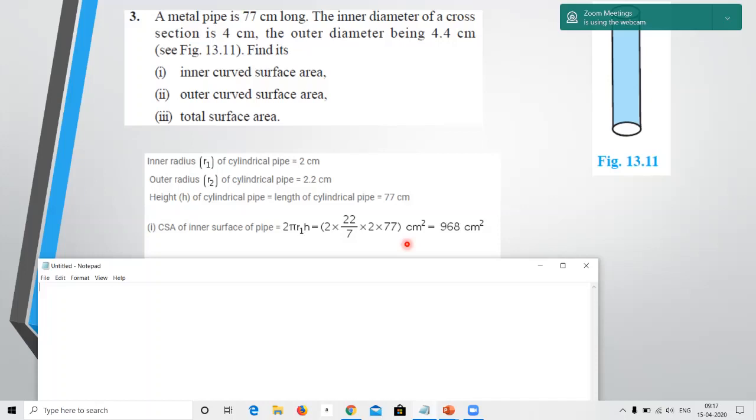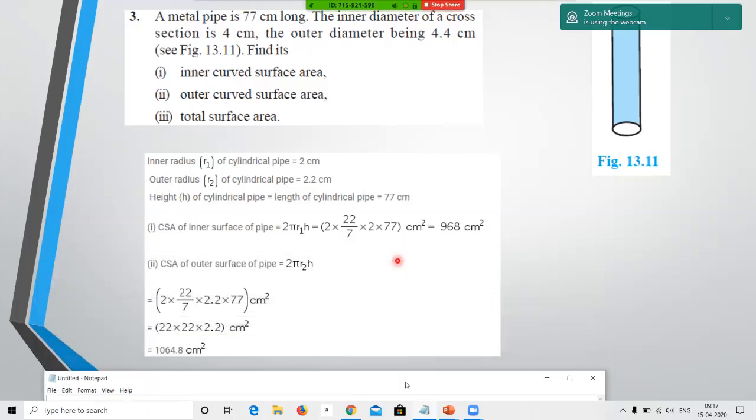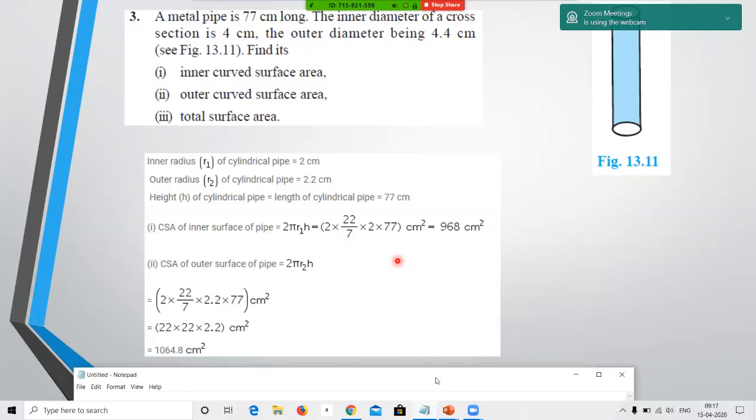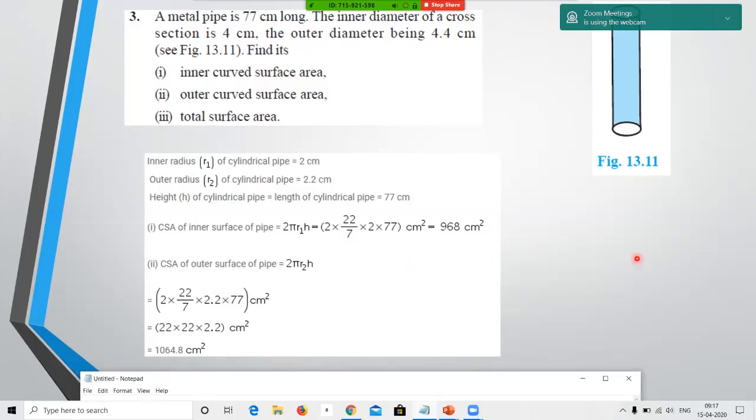Ma'am, for the outer one, it's 1064.8 centimeter square. 1064.8 centimeters square. Perfect.